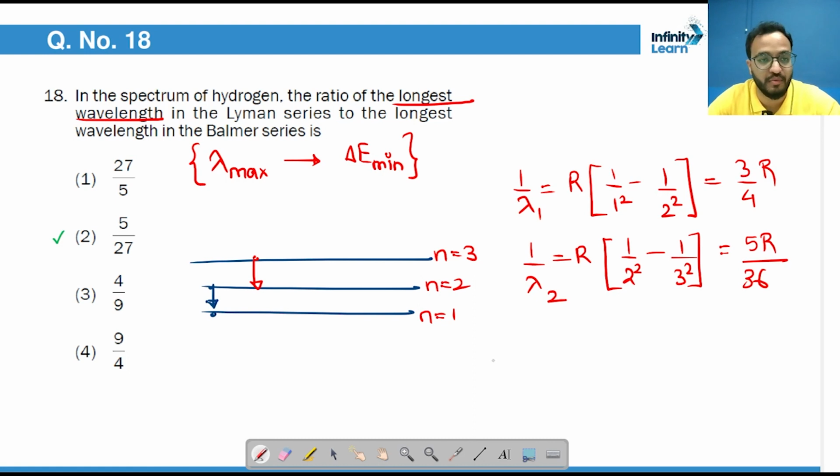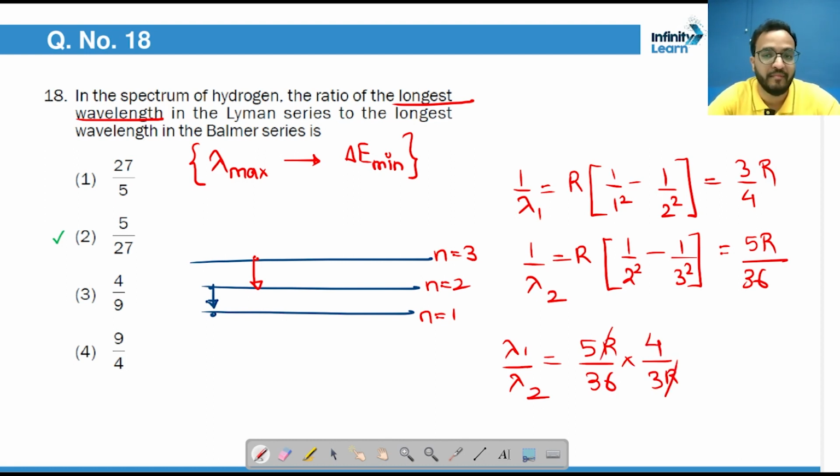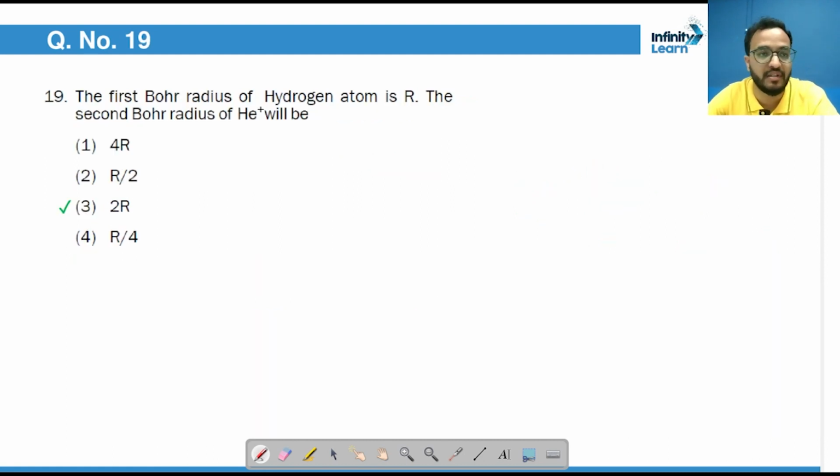Now if you take the ratio, what you want is lambda 1 by lambda 2. So lambda 1 upon lambda 2 will be 5R by 36 into 4 by 3R. R and R get cancelled, and 4 ones are 4, 9 threes are 27. 5 is to 27. Which option is correct? Second option is correct. 19th question.